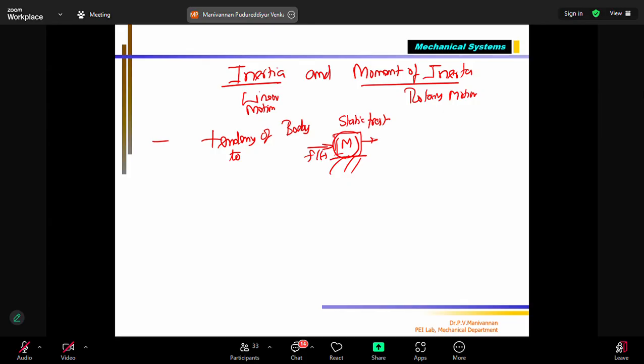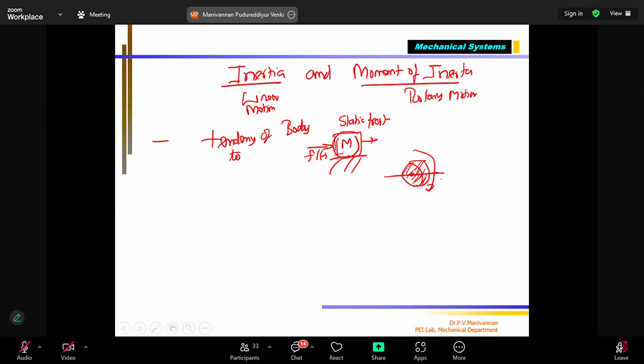Again, as I told you, opposition to rotational motion is called moment of inertia with respect to the axis. I have a cylindrical disc with an attached shaft. When I try to rotate it, the disc contains a mass that opposes the rotational motion.